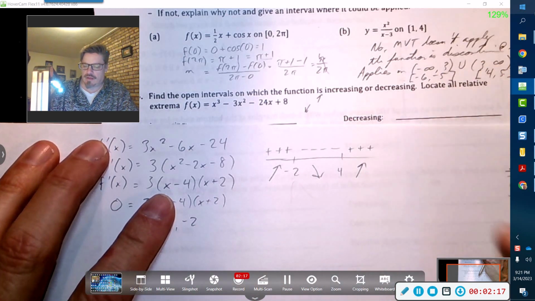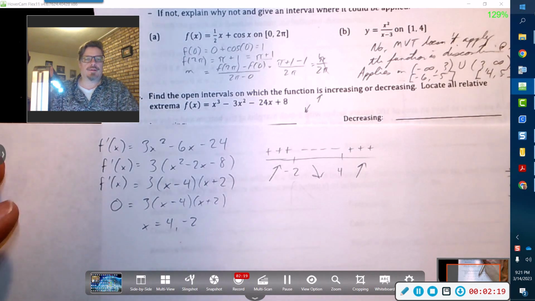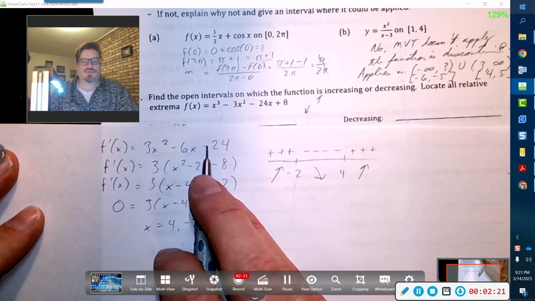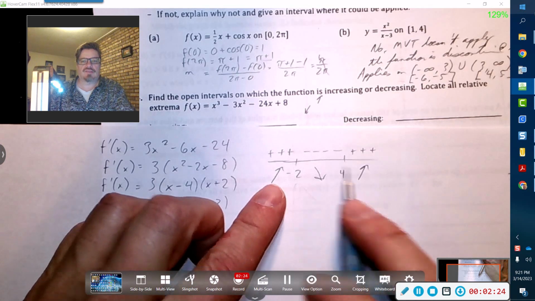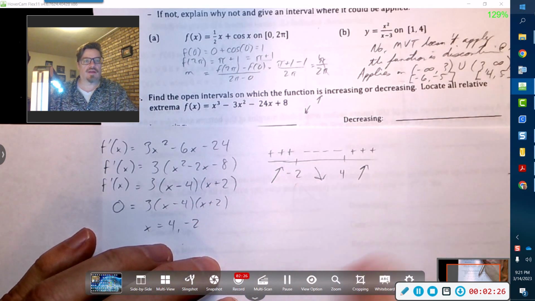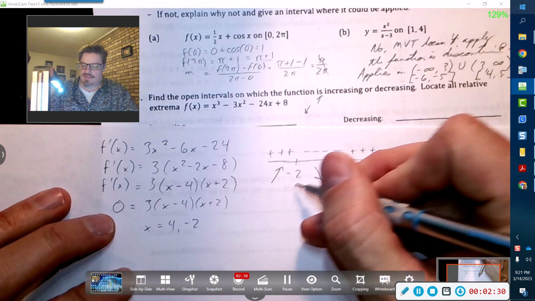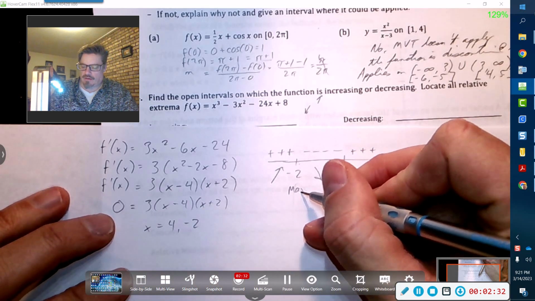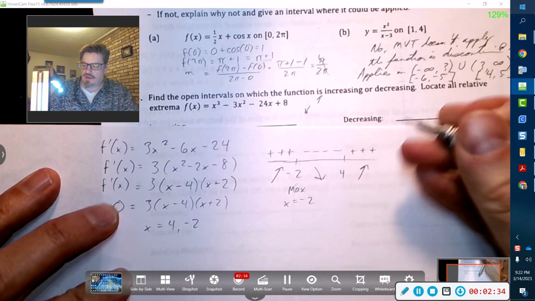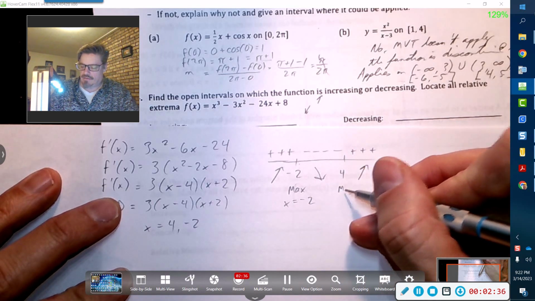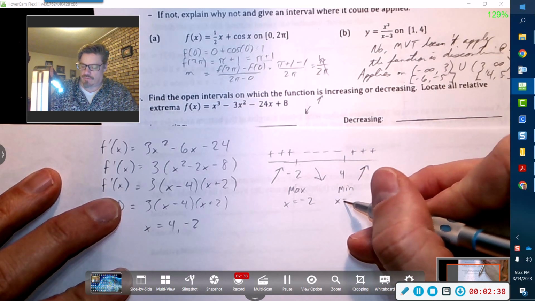The derivative is a quadratic, and this is showing that my original function is a cubic. So the relative max happens at x equals negative 2, and my relative min happens at x equals 4.